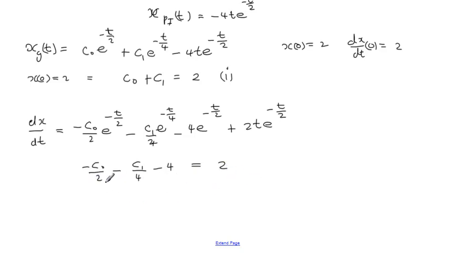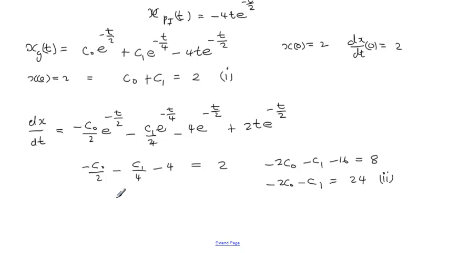Simplifying this, multiplying both sides by 4, we get minus 2c0 minus c1 minus 16 equals 8, which gives us minus 2c0 minus c1 equals 24. So now we've got equation 2 here, which involves c0 and c1.